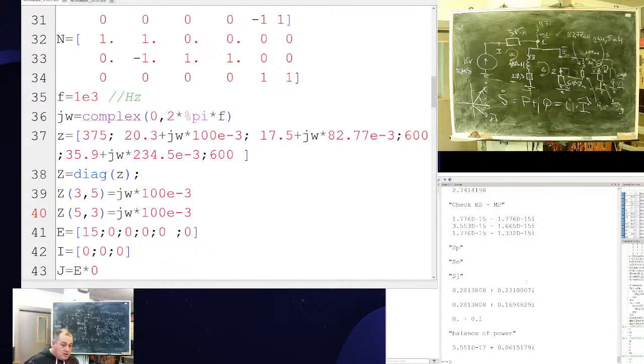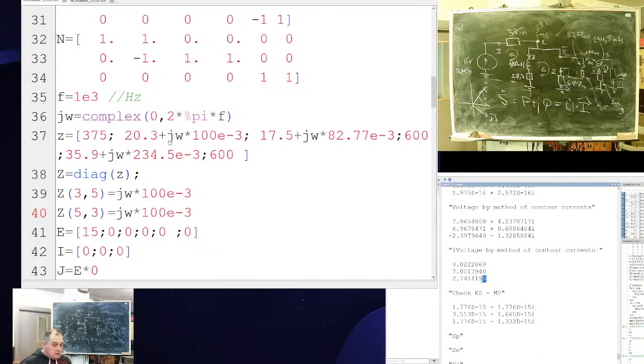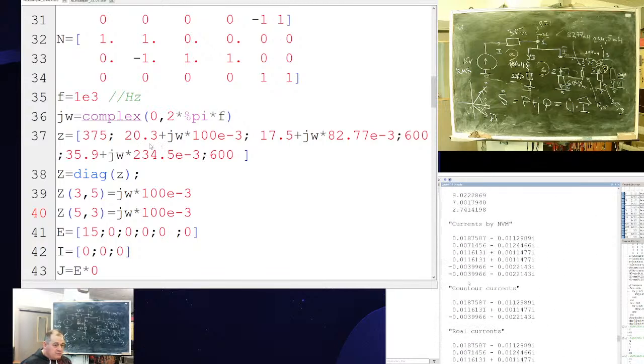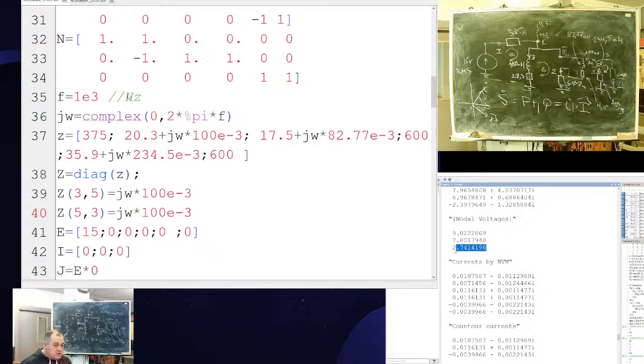And where we are, 2.74. You see it? 2.74. Again, in nodal voltage, 2.74.